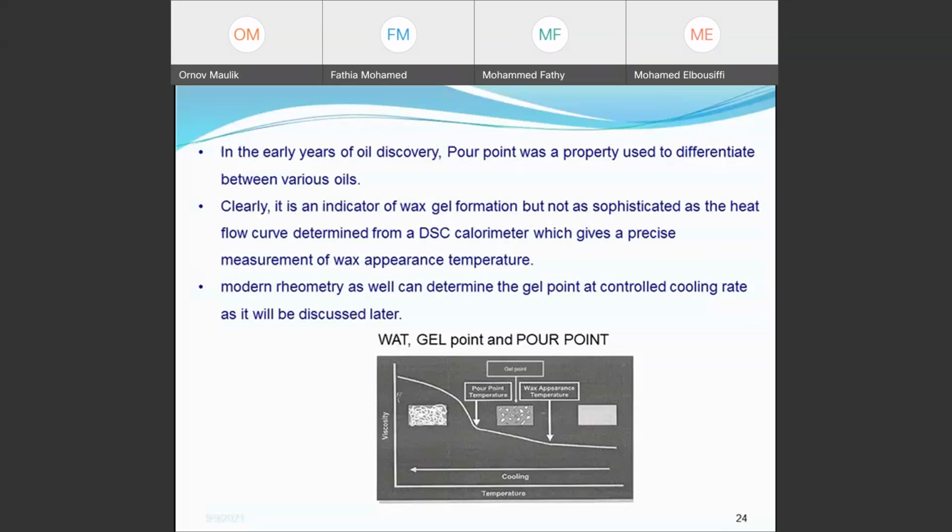Also, modern rheology can determine the gel point at a controlled cooling rate, as will be discussed later. Through cooling, first we have the wax appearance temperature, the first crystal, and then as more crystals form, we have the gel point and pour point, the last stage.